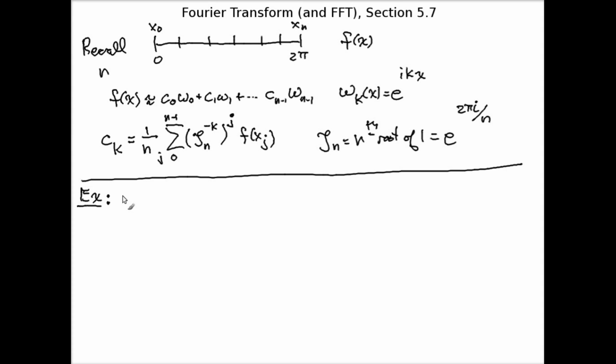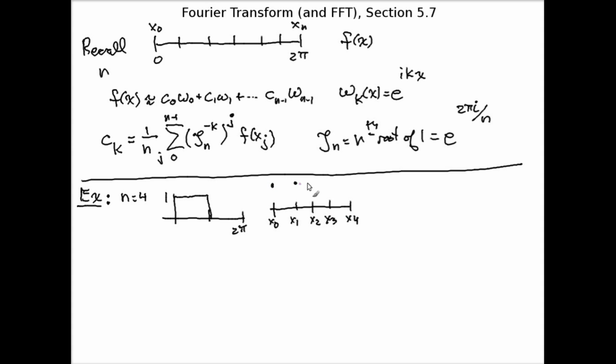So the example was n equals 4, and we were looking at the function on the interval from 0 to 2 pi, which was the step function. This is value 1. And since we had 4 points, the points are here, x0, x1, x2, x3, x4.